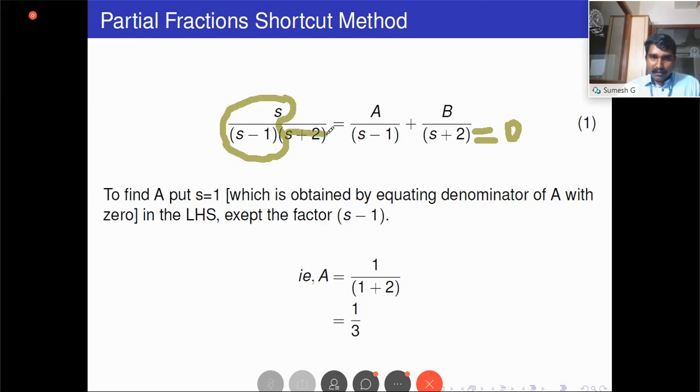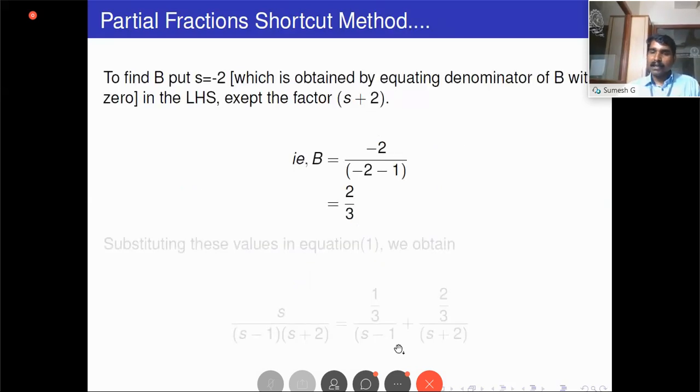Don't consider the factor s plus 2. So here we replace s by minus 2. Here also we replace s by minus 2. So we obtain value of b equal to minus 2 divided by minus 2 minus 1. It reduces to 2 by 3.